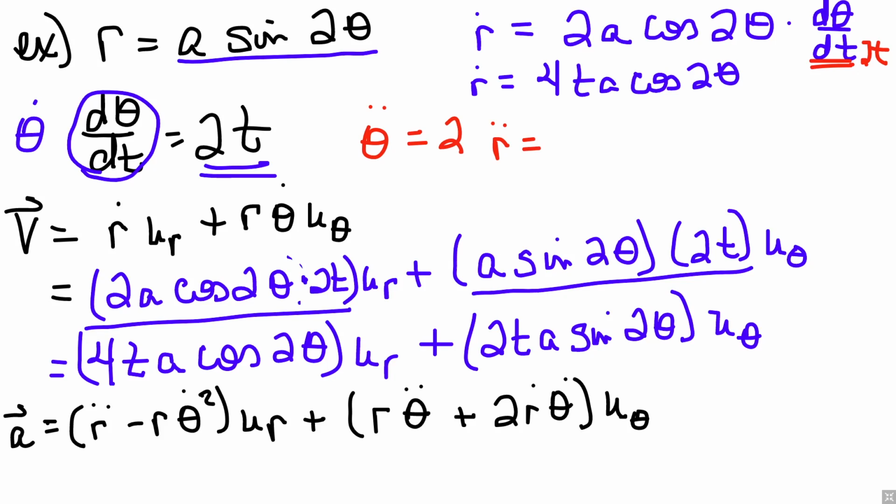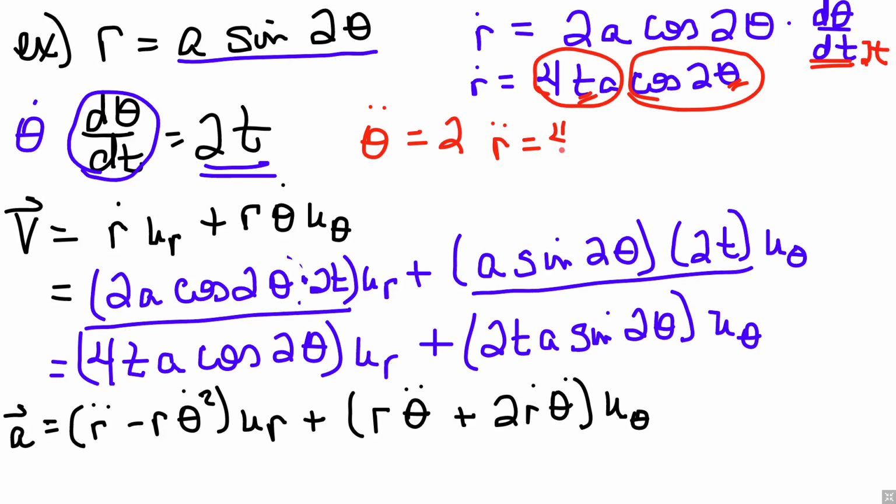Now, when I do that, my variables are actually theta and t. I'm using 2 different variables here, so I'm going to have to use a product rule. This is my first, this is my second.